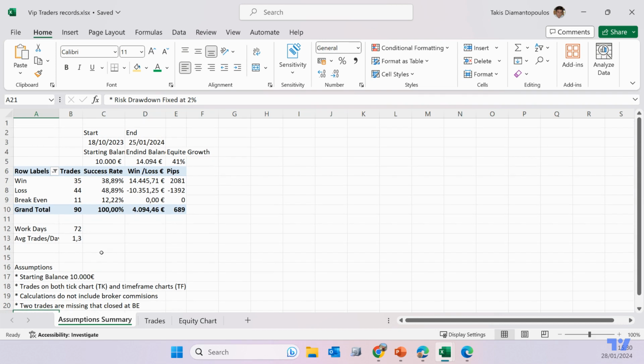So starting date, ending date, starting balance 10,000, ending balance 14,000. So 41% up in 90 trades within 3 months. So 72 working days, 1.3 trades per day. That's the stats, and that's the equity chart.